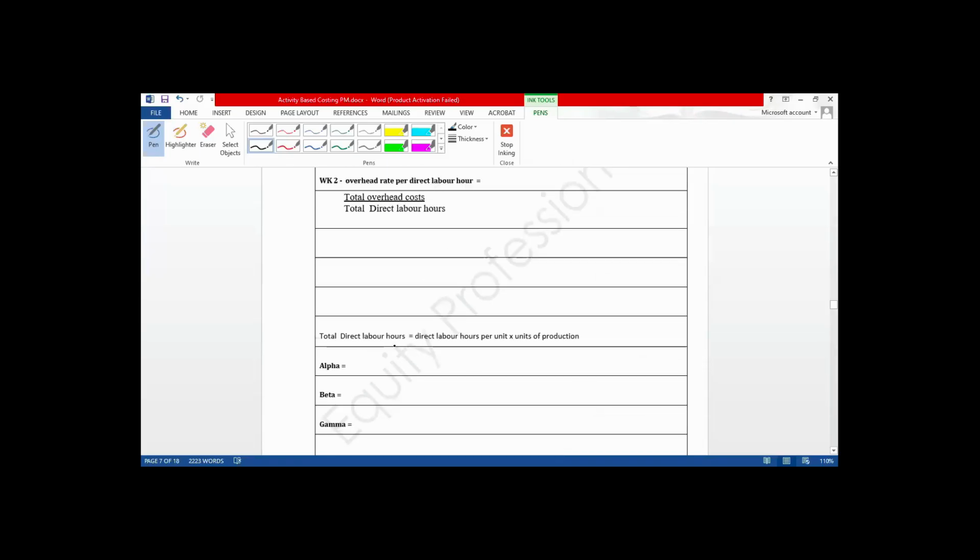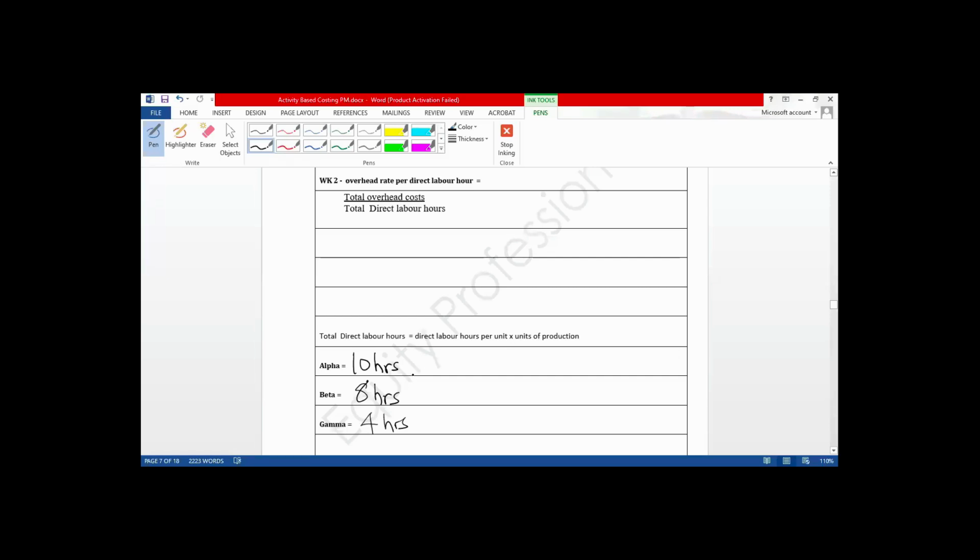Total direct labor hours is equal to direct labor hours per unit multiplied by units of production. For Alpha, labor hours per unit is 10 hours. For Beta, 8 labor hours per unit. For Gamma, 4 labor hours per unit.